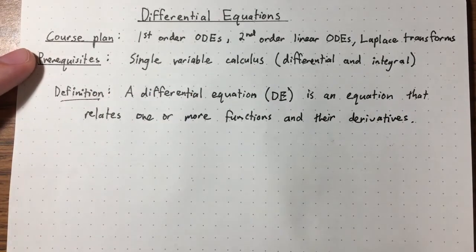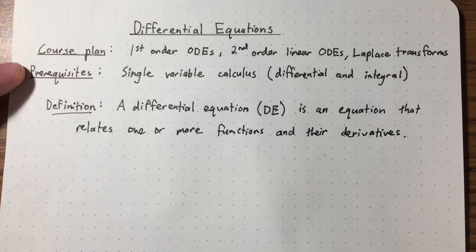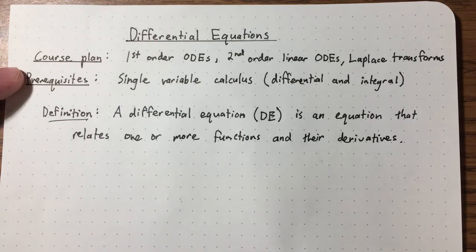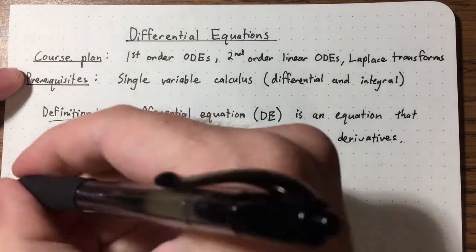So these equations are actually not going to be like the equations you've seen in algebra. In algebra, you're often solving for the value of a certain variable. For example, you might find that x equals 27. So you're solving for a number, actually. Differential equations, they're not like that.